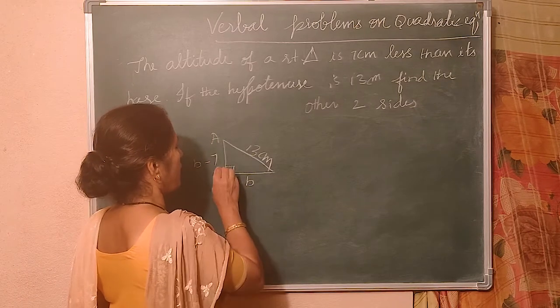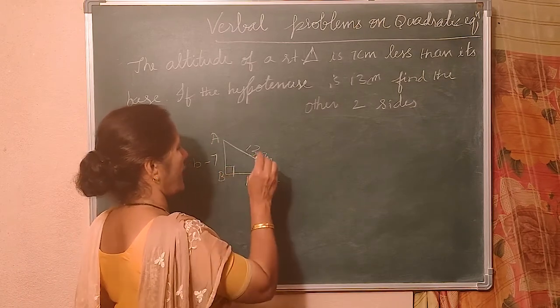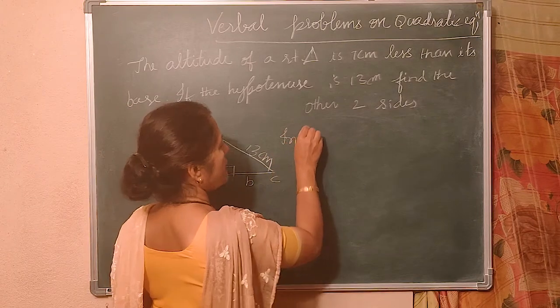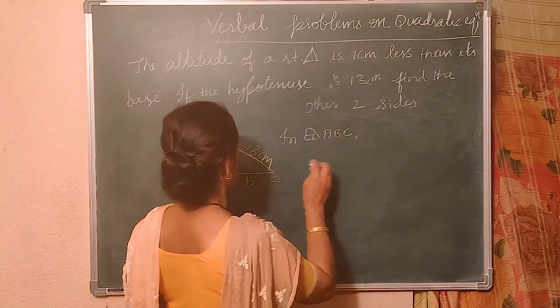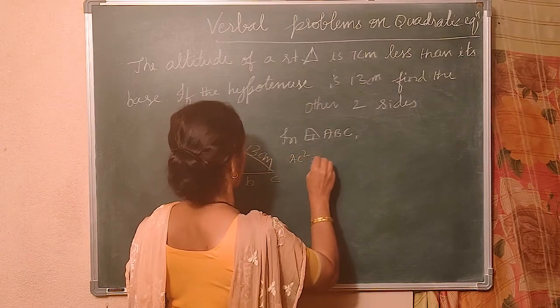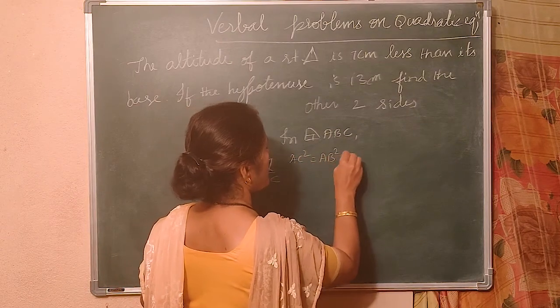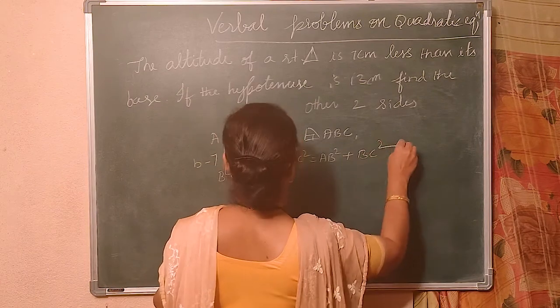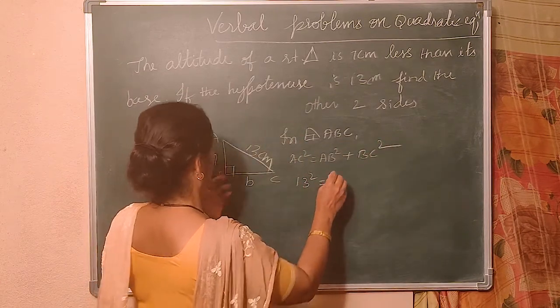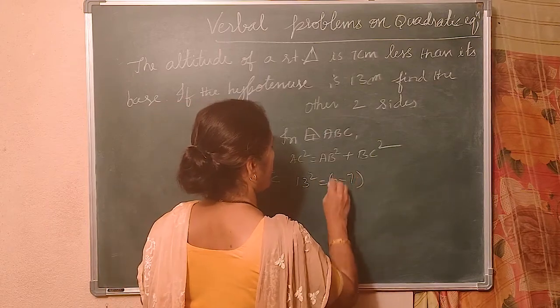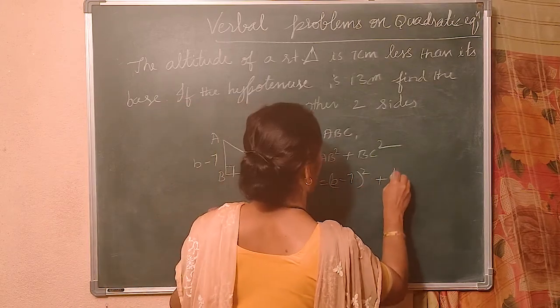If you want, you can give the notations A, B, C and write down. In right angled triangle ABC, AC square is equal to AB square plus BC square. So what is AC square? 13 square. What is AB square? b minus 7 the whole square, plus b square.